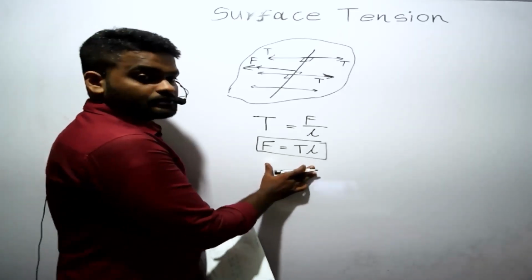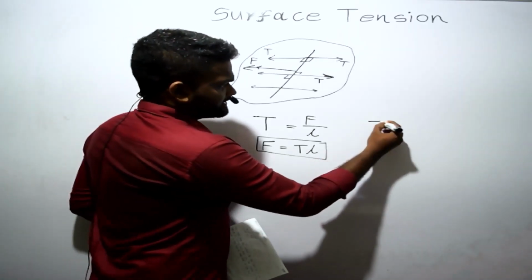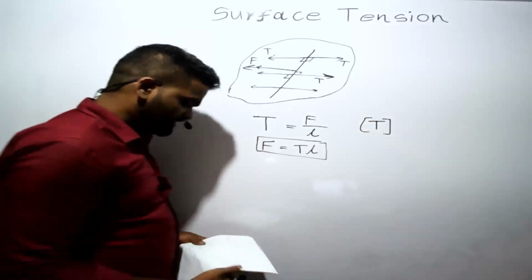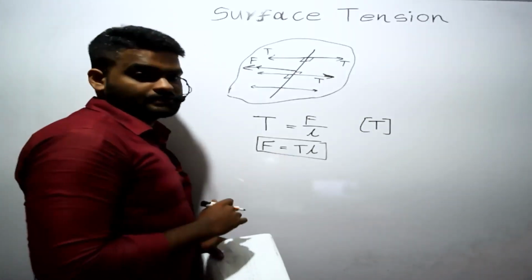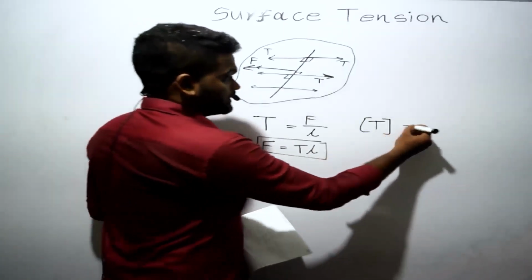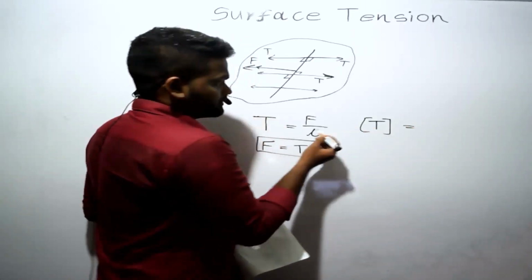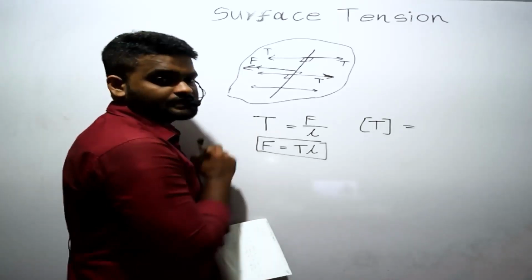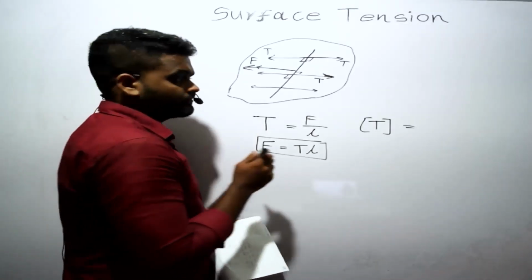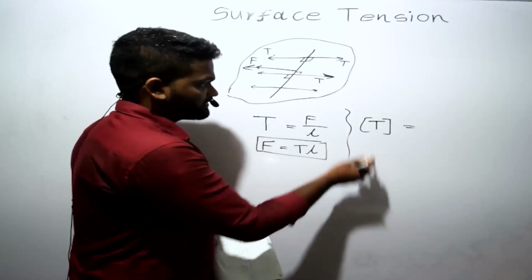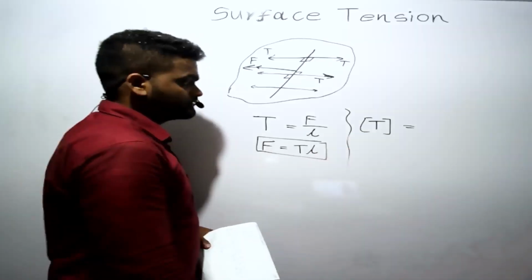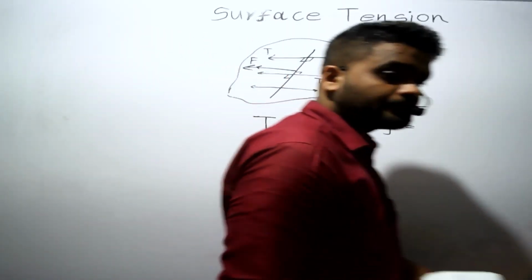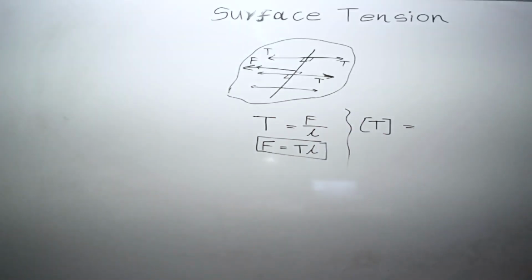Okay, take this down. Then let's think about dimensions. Find the dimensions of surface tension and let me know. You can write it here. So it is force divided by length.